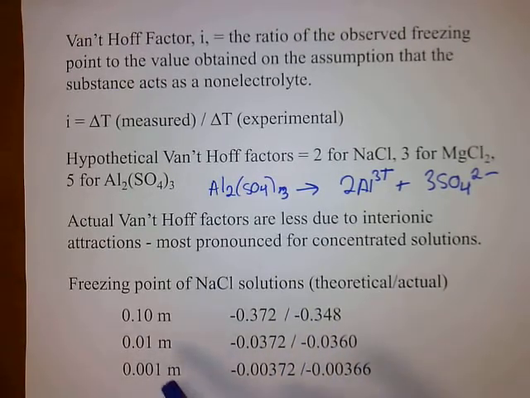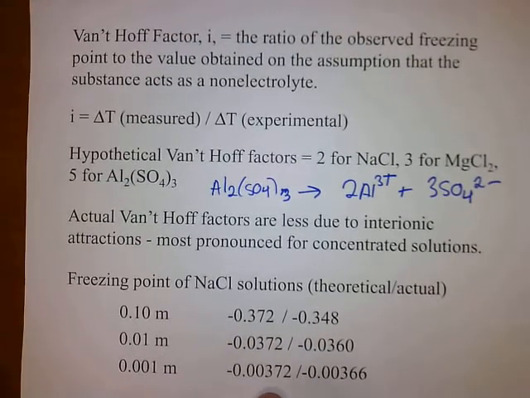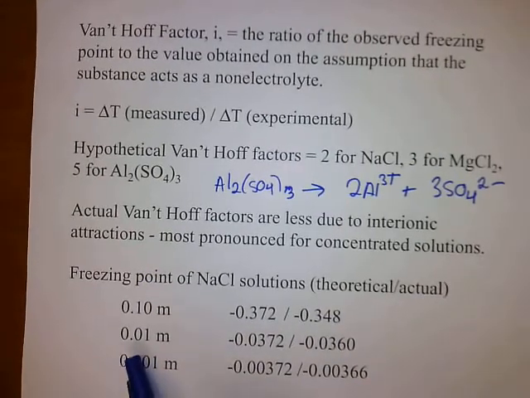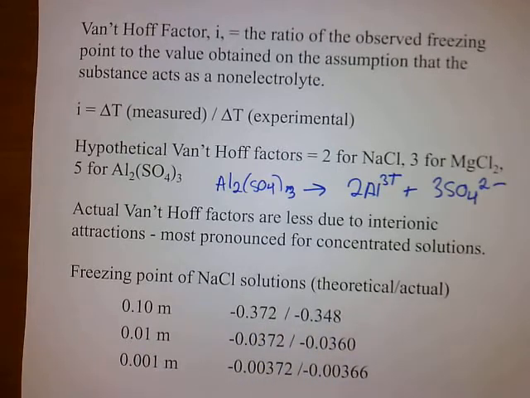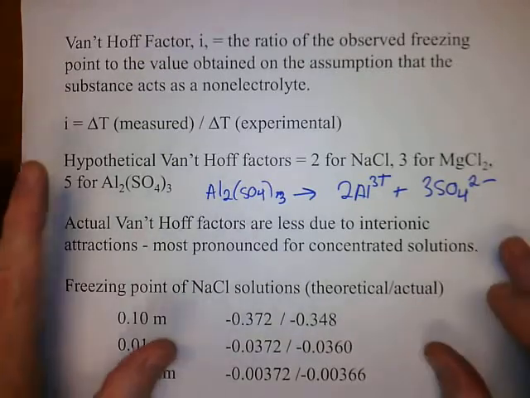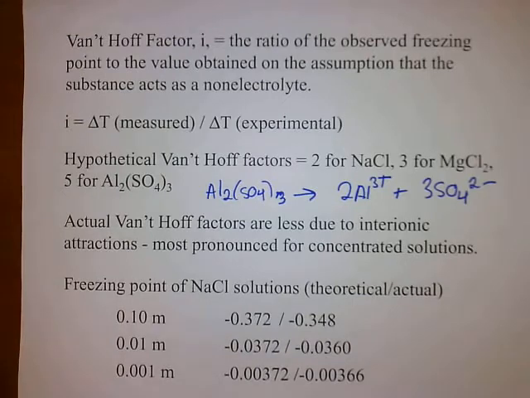And if we drop down to a 0.001 molal solution, then the difference is even less significant. So the more concentrated you make the solution, from 0.001 to 0.01 to 0.1, the greater is the discrepancy. And again, that's because you have some interionic attractions, in other words, at least some ion pairing taking place. And that wraps up our discussion of solutions and colligative properties.